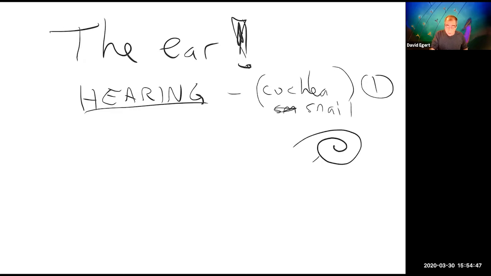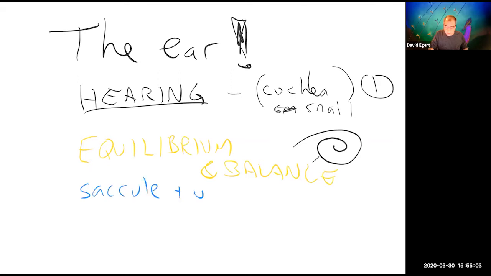There's also a lot of equilibrium senses. Equilibrium and balance. We're going to talk about the saccule and the utricle. So like 2 and 3, this is going to be about which way is gravity going.